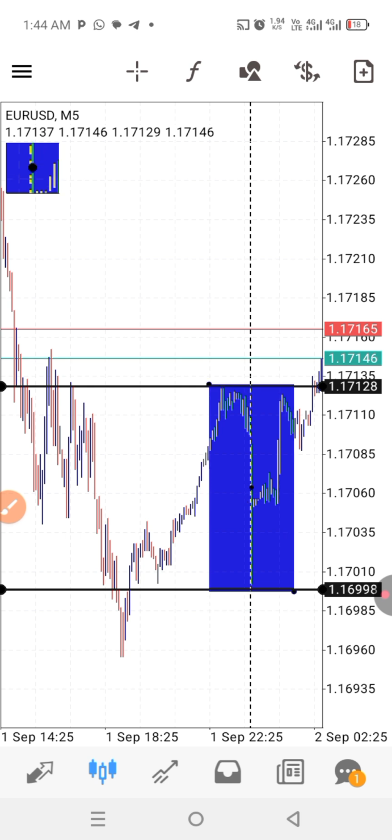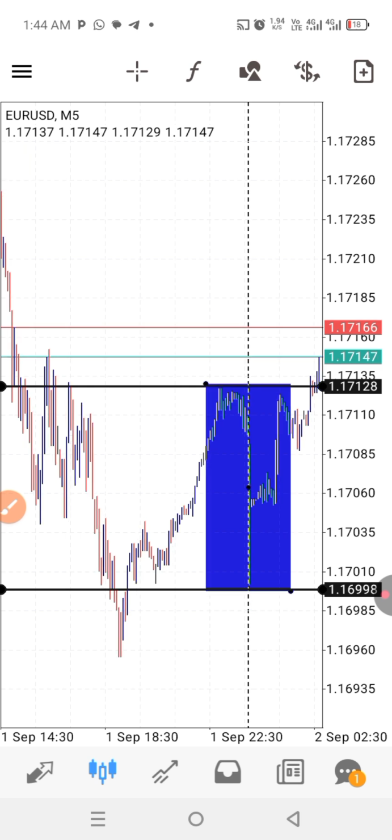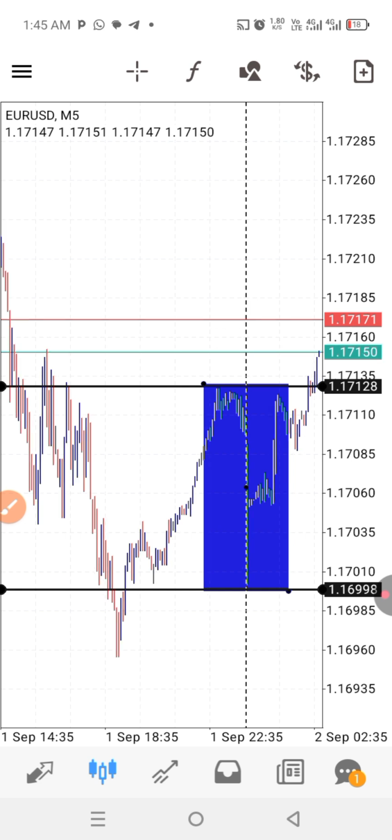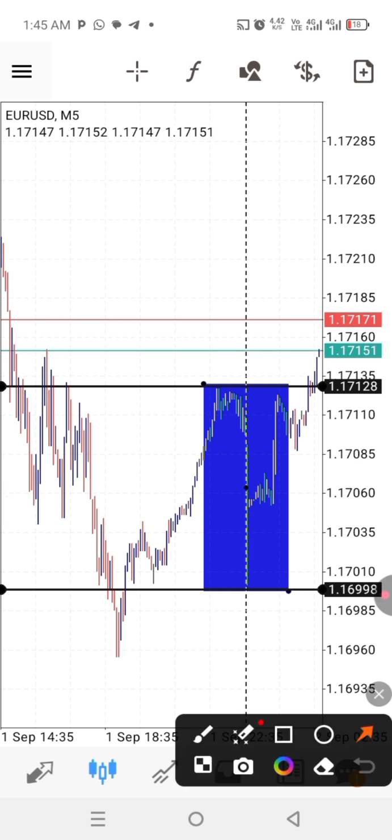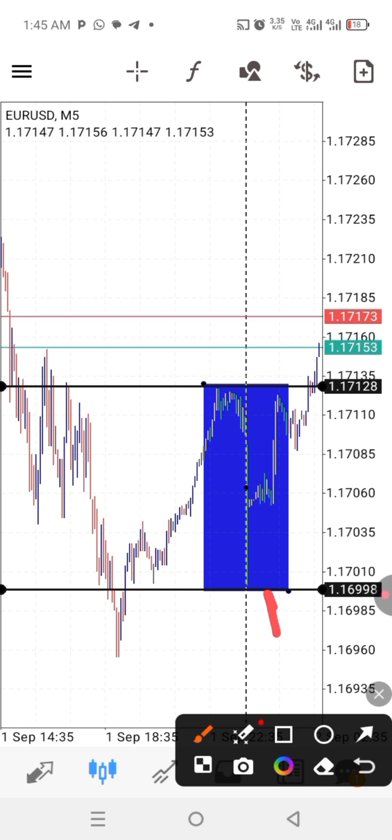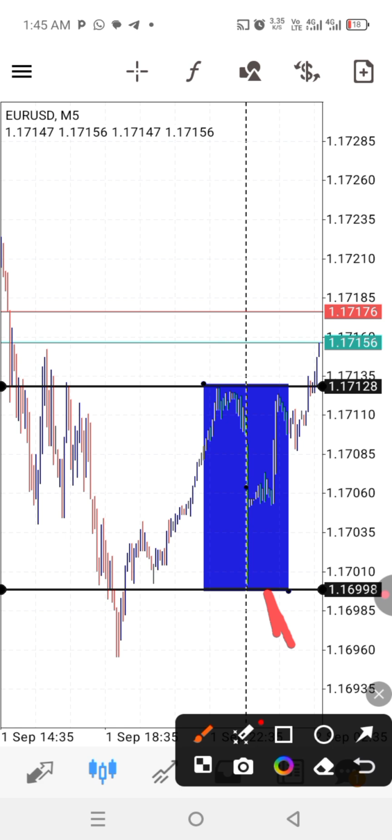Now what I'm going to do is wait for the market to break either to the downside or to the upside. If the market breaks to the downside guys, let me just show you. If the market breaks this level, I'm going to wait for the market to reverse to the inside.